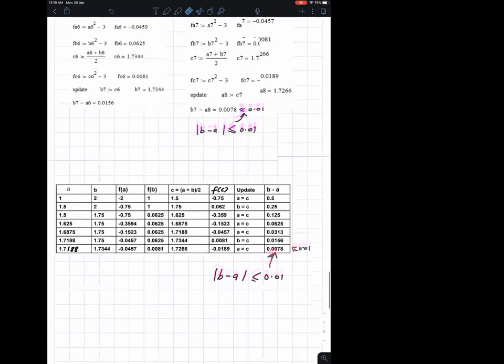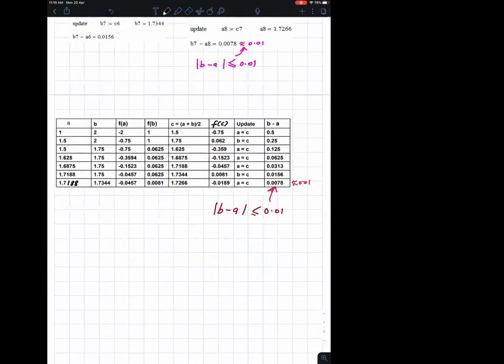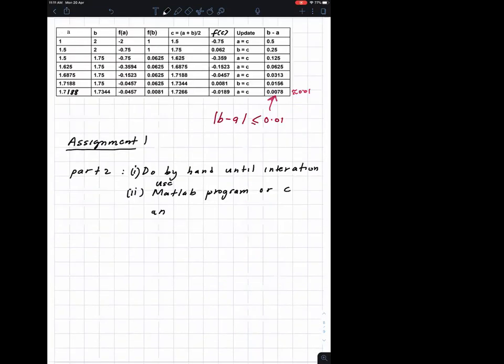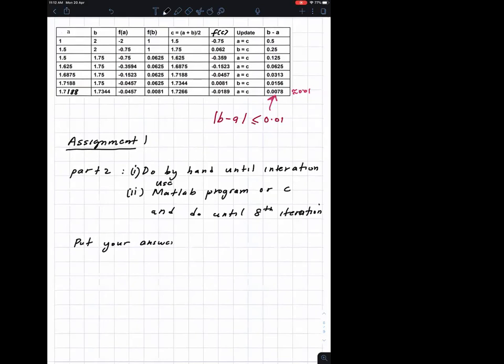You do the 8th iteration, continuing until the 8th iteration. Put your answer in a table.